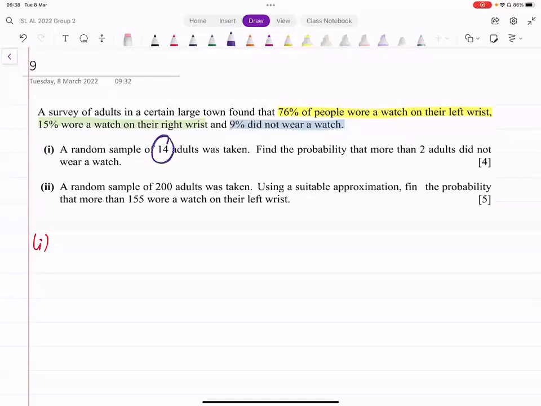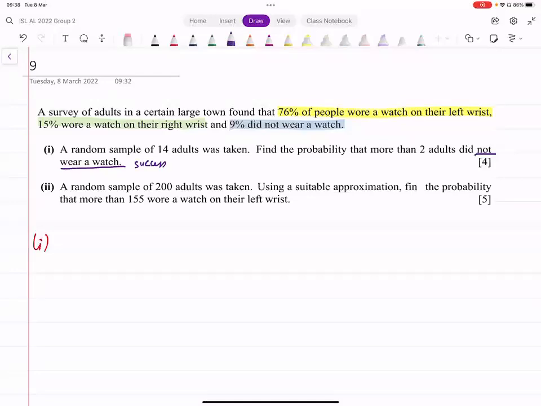14 adults in total, and आपको पता है आपने number of adults who did not wear a watch ये find करना, right? No, who did not wear a watch. So this is what we are calling success now. जो आपका criteria है, we'll say this is a success.